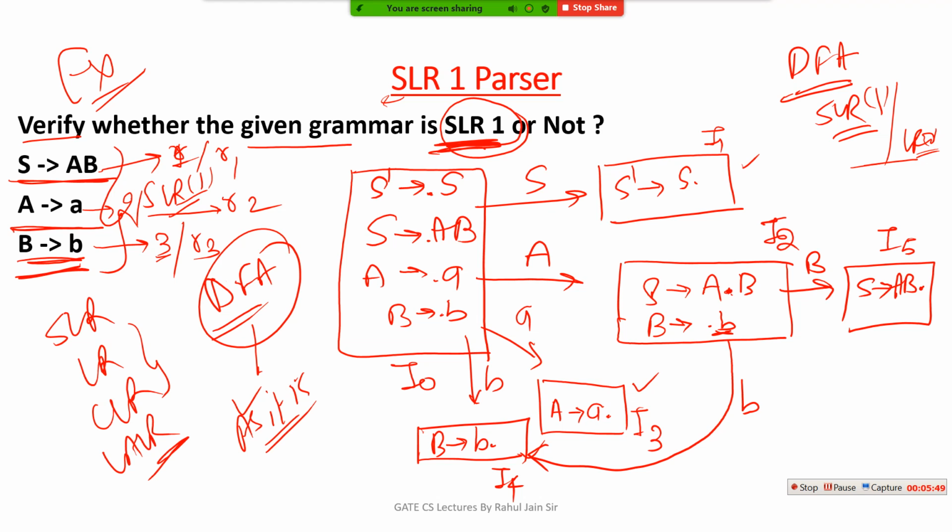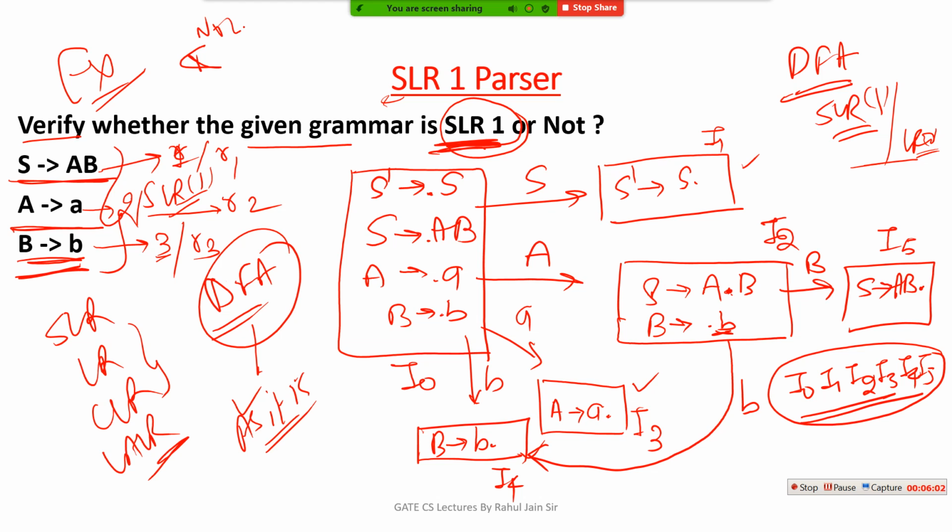How many states do I have in this one? I0, I1, I2, I3, I4 and I5. I have 6 states, so the number of states will remain the same. Make an important note, guys, if you have a pen and paper with you.